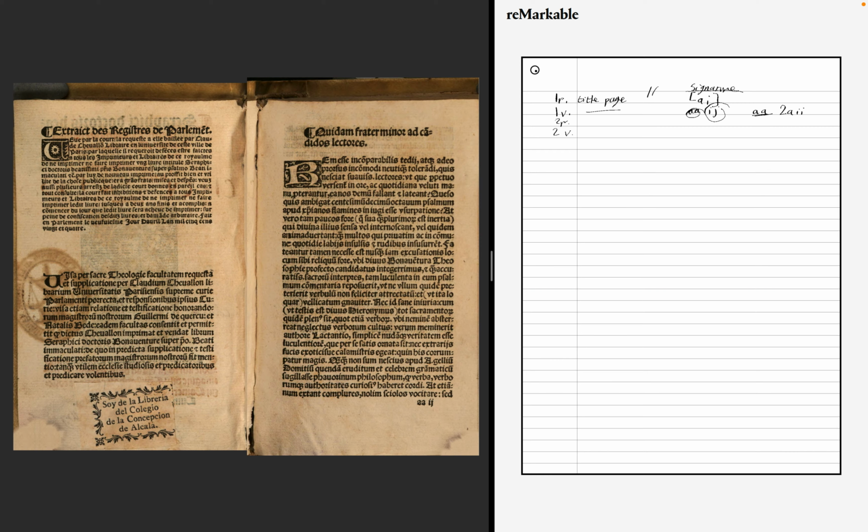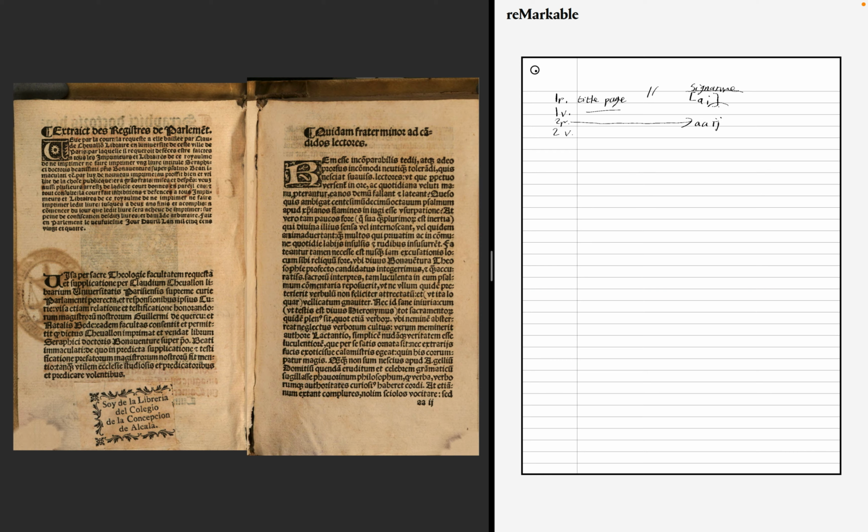Actually, I made a mistake there. It's on 2 recto. You're only going to get these signature statements generally on the recto.